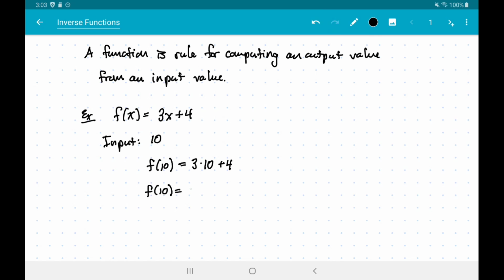And with a little bit of arithmetic here, that's 34, and so that is the output. For each input number, you get an output number.